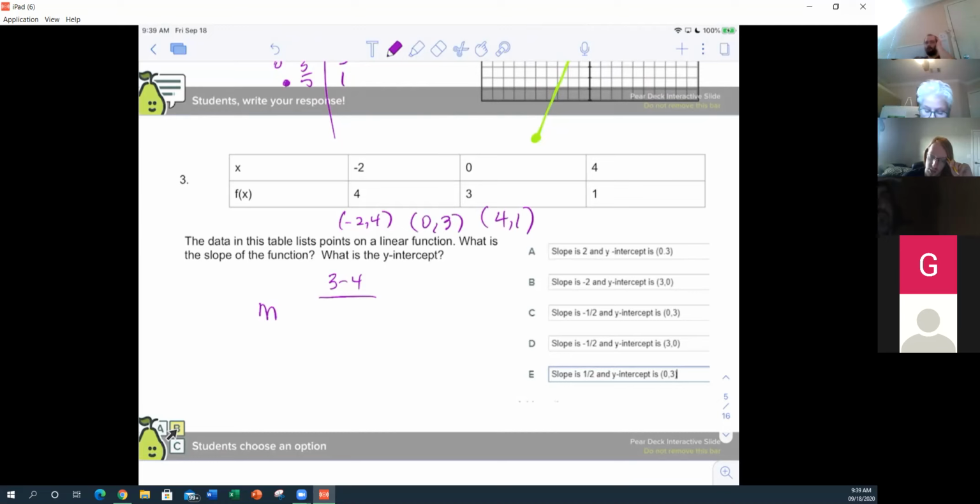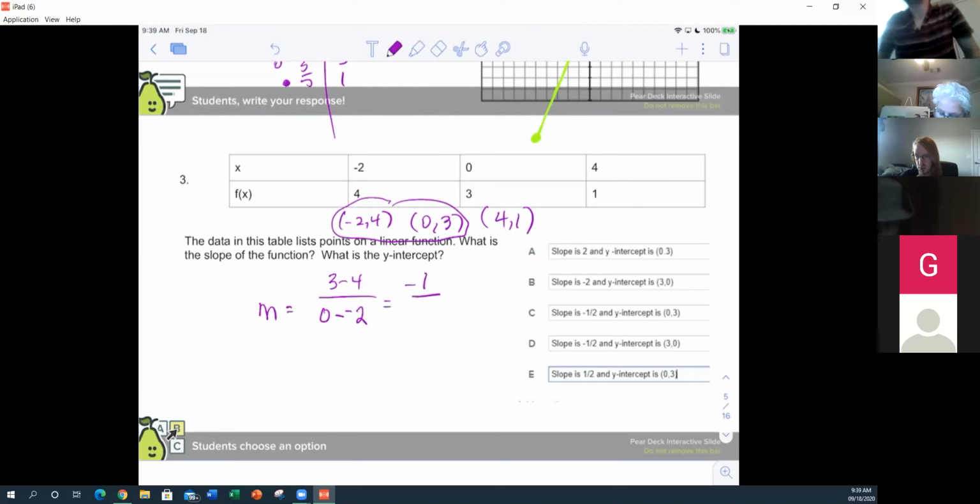You really just have to pick 2 points to find the slope. I picked these 2 points because you already started with them. So 3 minus 4, what would go on the bottom? Zero minus negative 2. Right. So that's going to give me -1 over 2. So our slope is -1/2.